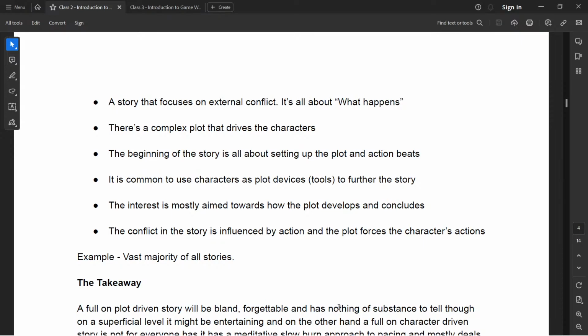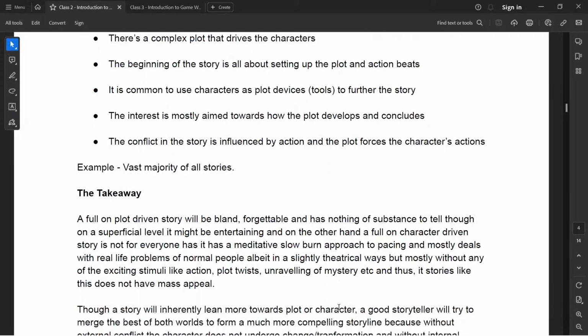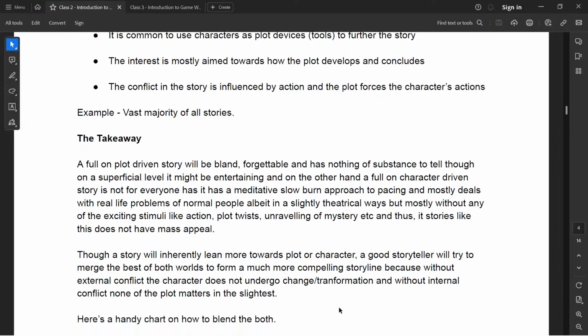They use a lot of characters that are deeply involved in the story as plot devices, or tools to enhance the story further, and that's how it develops. There's a huge overarching plot, and then it concludes after that. So the takeaway from all of this is that a full-on plot-driven story is going to be really bad.